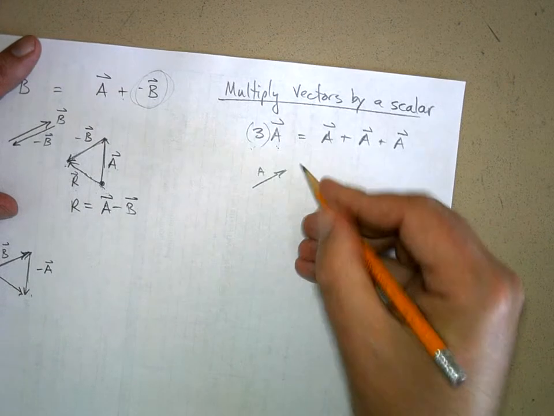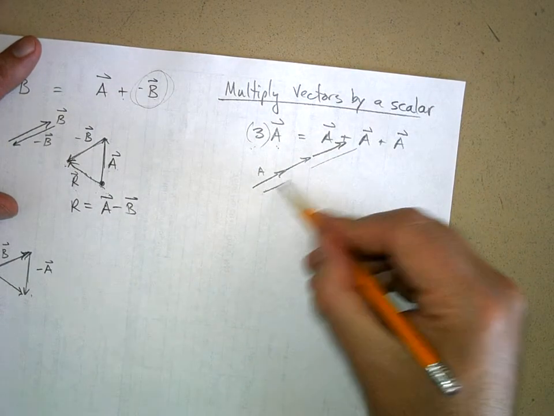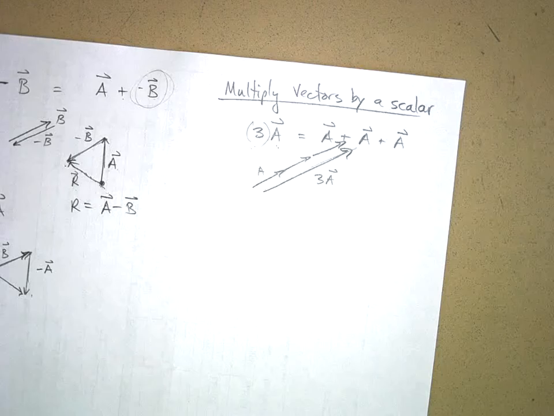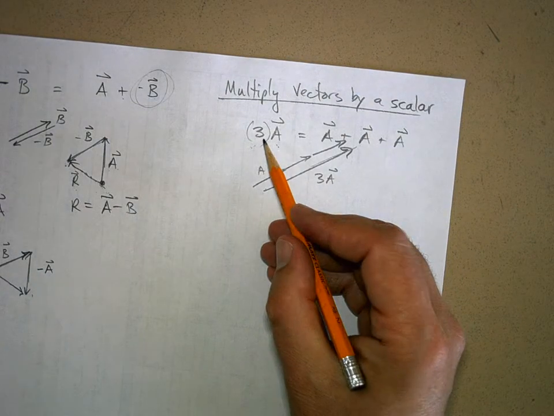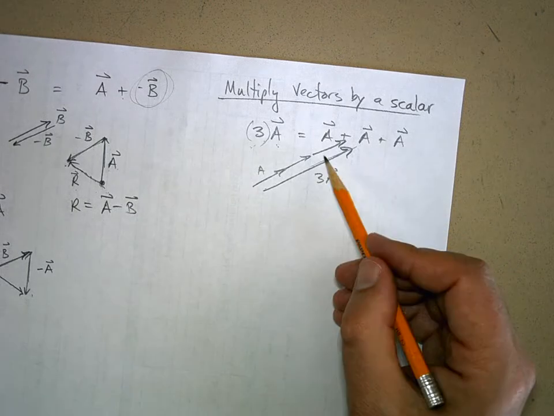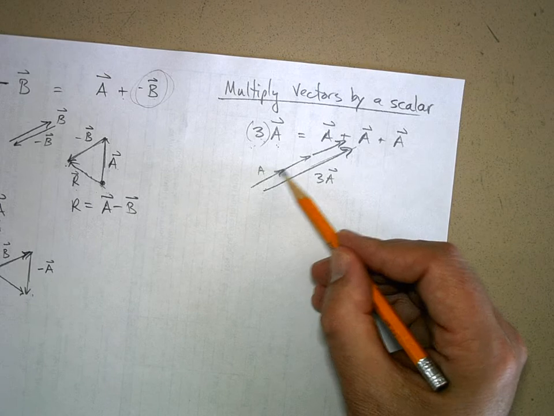Well, there's 3a. There's my answer right there. So all you're doing is multiplying. And this doesn't have to be a positive integer. This can be anything. You can go 2.5. So you go 1, 2, and then half of. So it can be fractional.